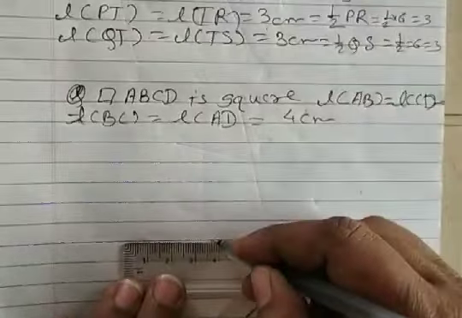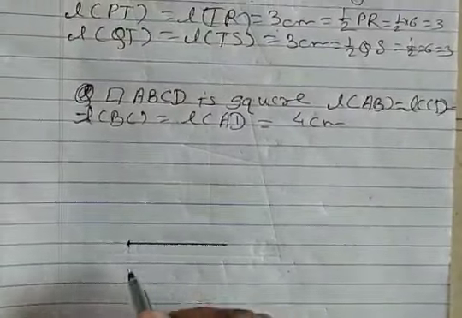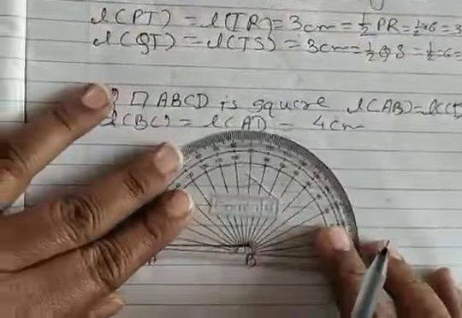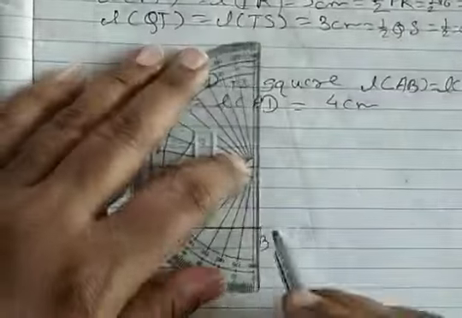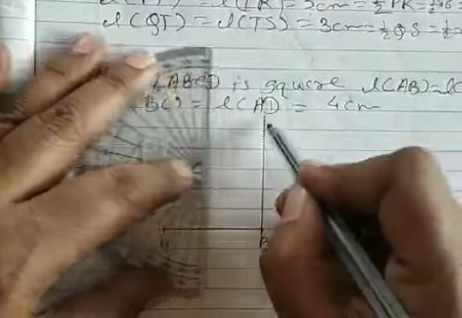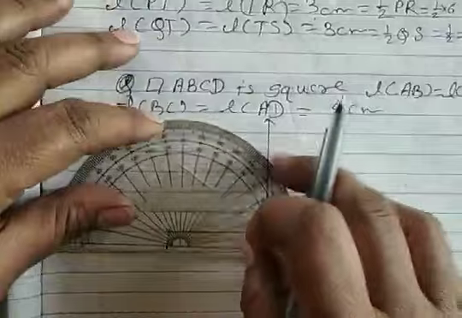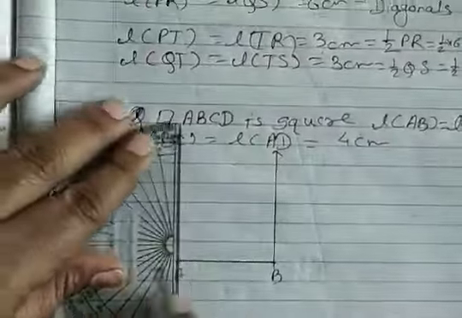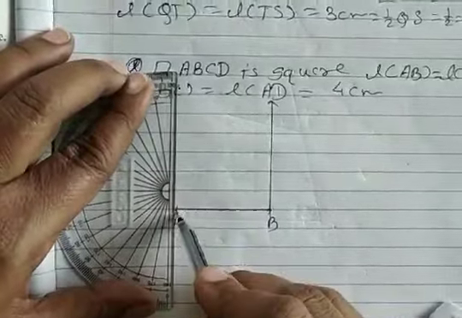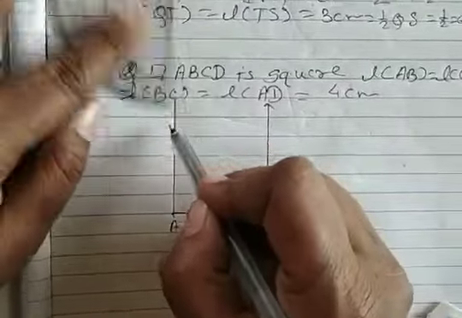So first of all take here 4 centimeter, that is AB. Then we have to take a right angle at point B, because in a square all angles are 90 degrees. So here I will draw a ray at 90 degrees.